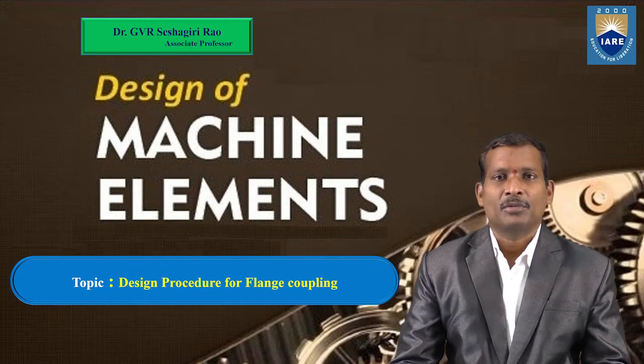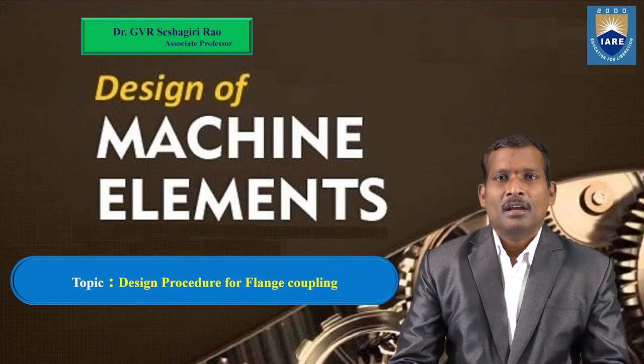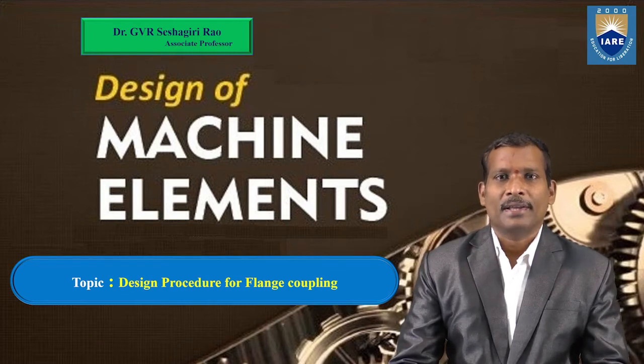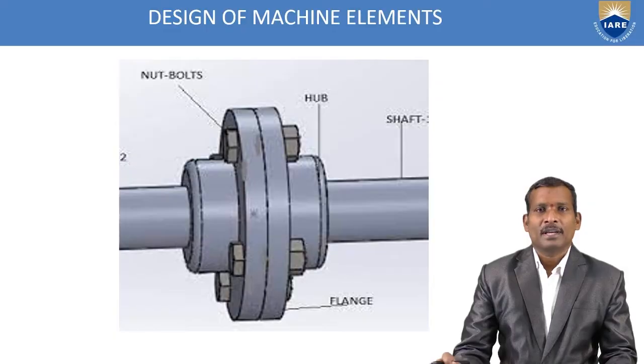So today, I would like to explain how to design a flange coupling. Already we have learned in previous sessions what rigid couplings and flexible couplings are, and in this session we will learn the design of the flange coupling. Here is shown the flange coupling diagram.